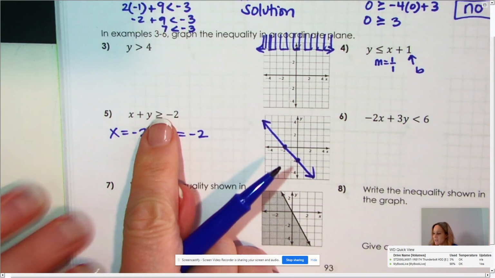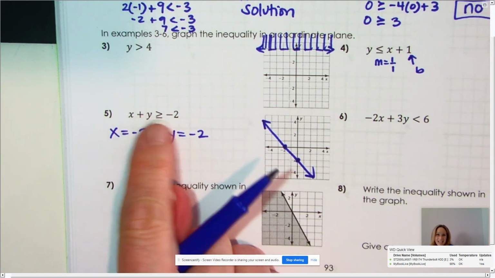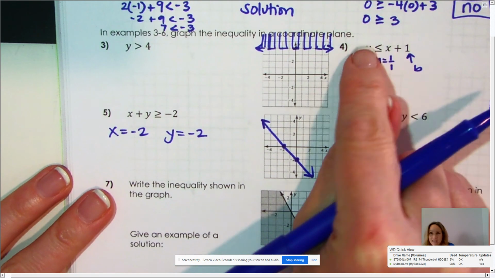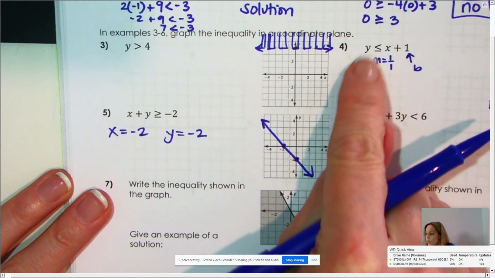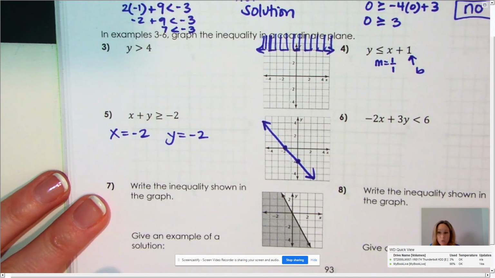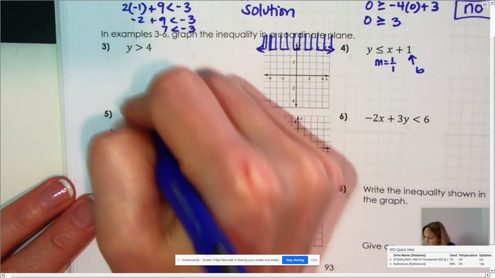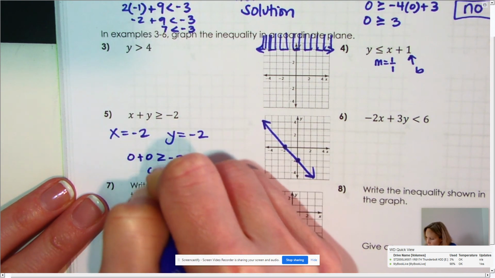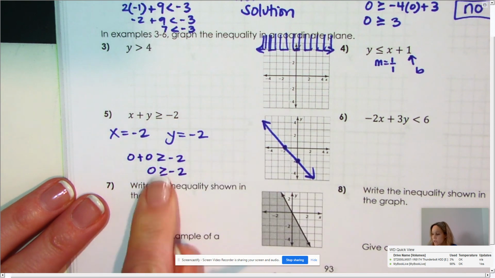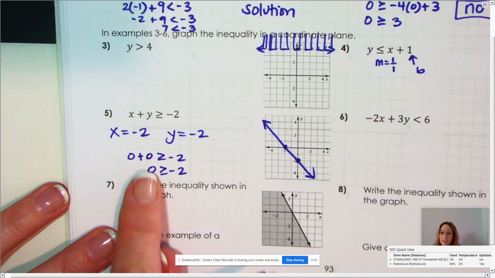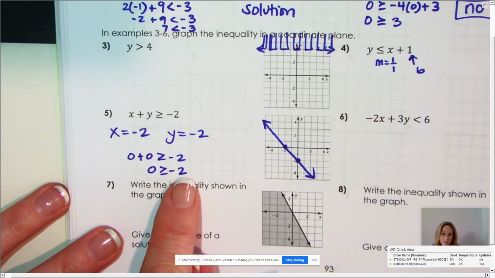And then this one, because it has x and y over here, we can't just go less than shade down, greater than shade up. We can only do that when the y is by itself. So what we can do is plug in the easiest point we know how. So I could just plug in 0, 0. So 0 plus 0 is 0. Is that greater than -2? Yeah, it is. It doesn't seem like 0 would be greater than much, but it's greater than every negative number there is.